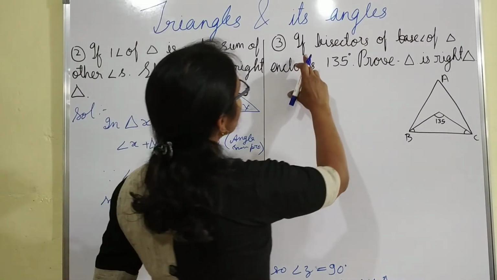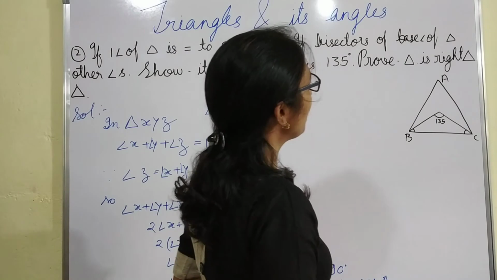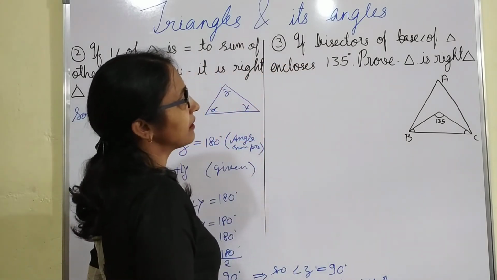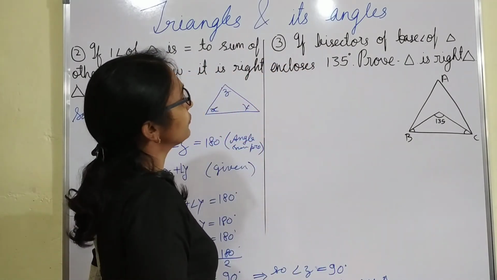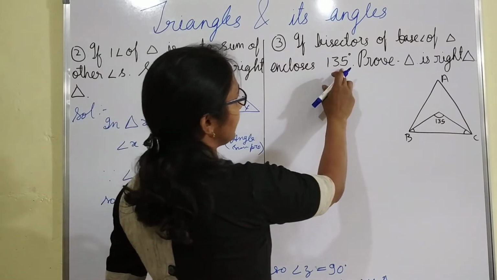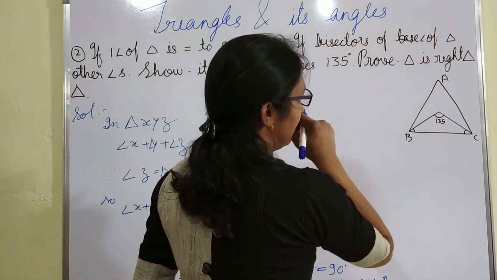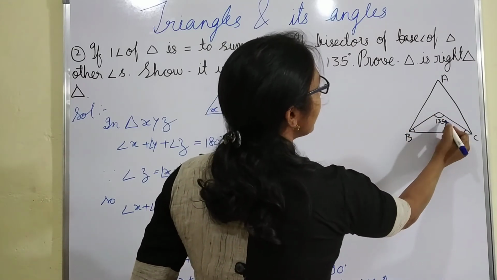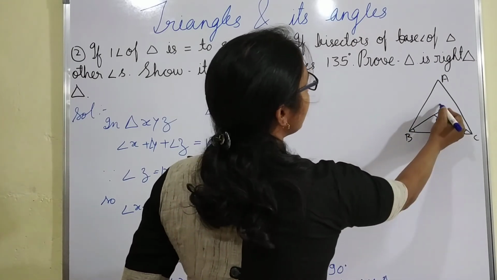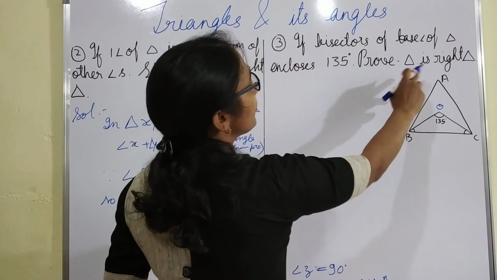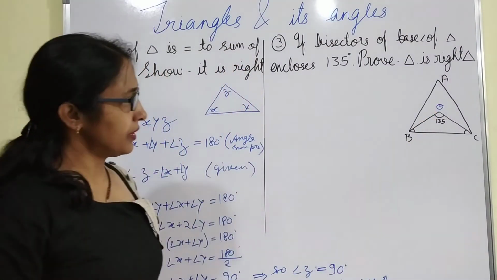Now next question is, if bisectors of base angles of triangle enclose 135 degree. Bisectors of base angles enclose 135 degree. Prove triangle is right triangle. Okay.